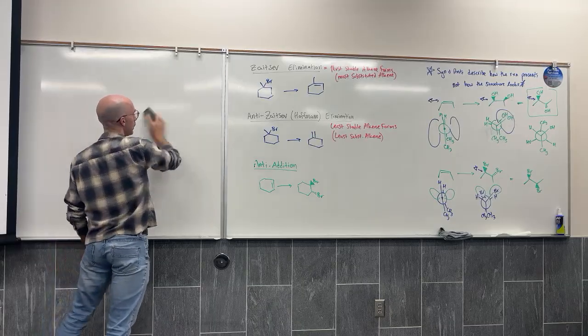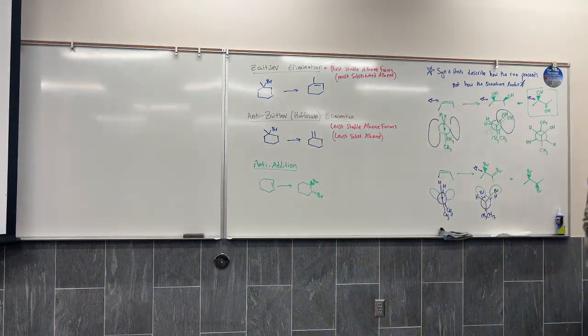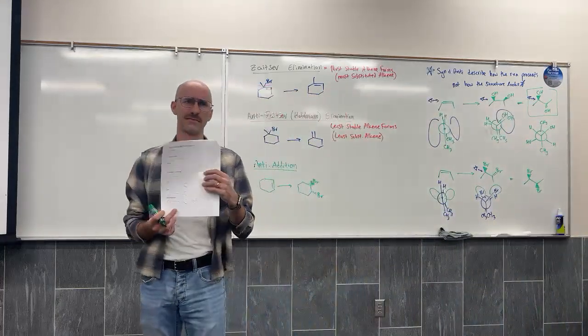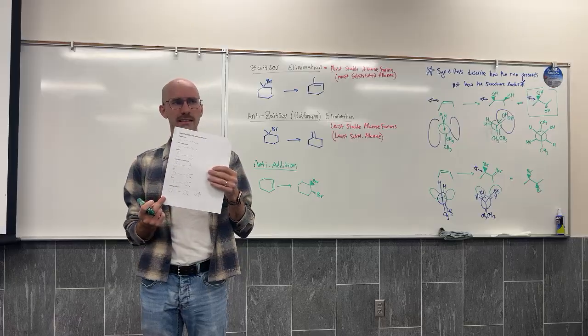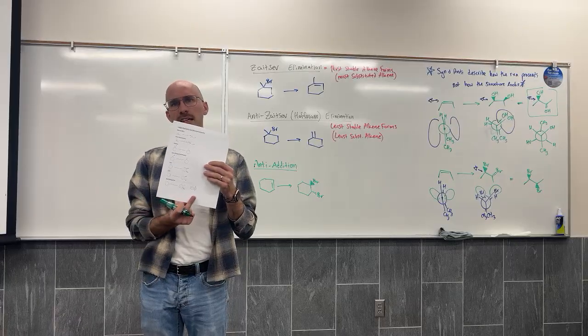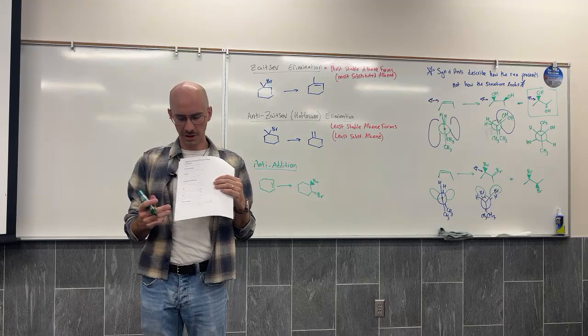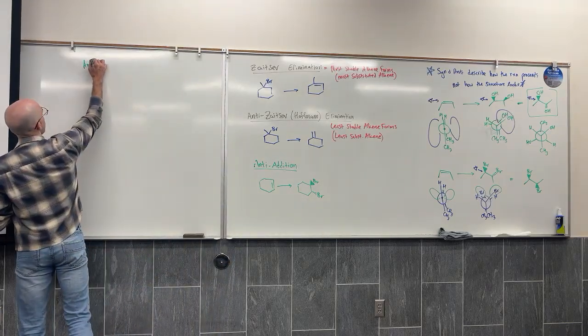Lastly, anti-periplanar. I'm not sure, to be honest, what periplanar actually means. And I'm realizing I actually drew this backwards. I should have had the stereochemistry on the reactant side and then the alkene on the product side. So if you wanted to, you could actually just draw this arrow backwards.